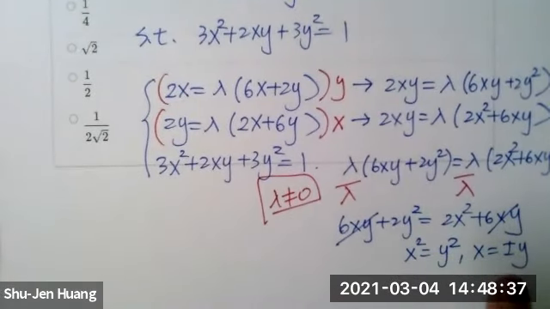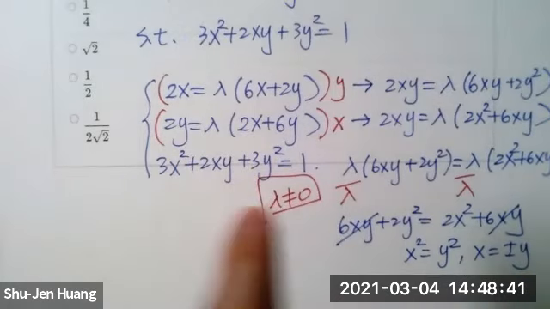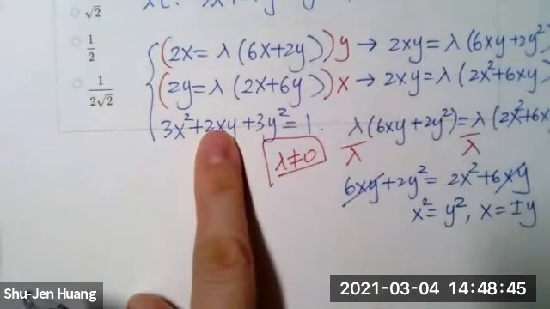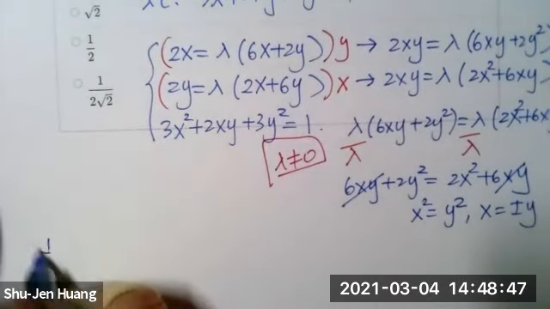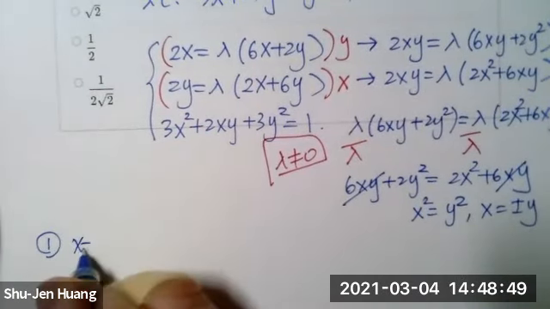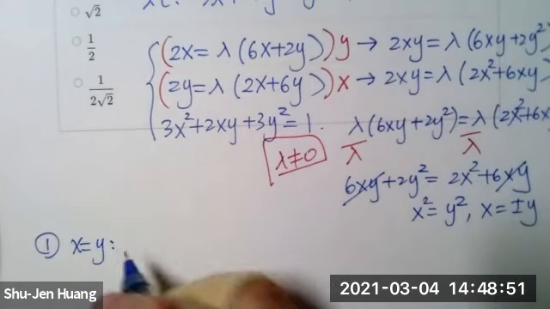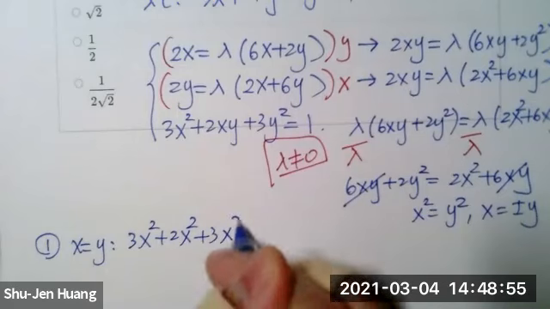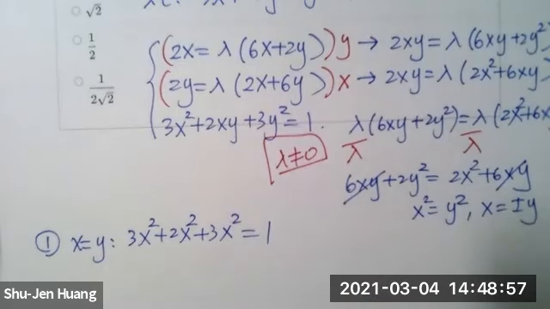Okay, so once we got x equal plus minus y, there's two cases. We're going to plug in both of them into the constraint here. Let's discuss the first case, when x equal y. When x equal y, we got 3x squared plus 2x squared plus 3x squared equal to 1.